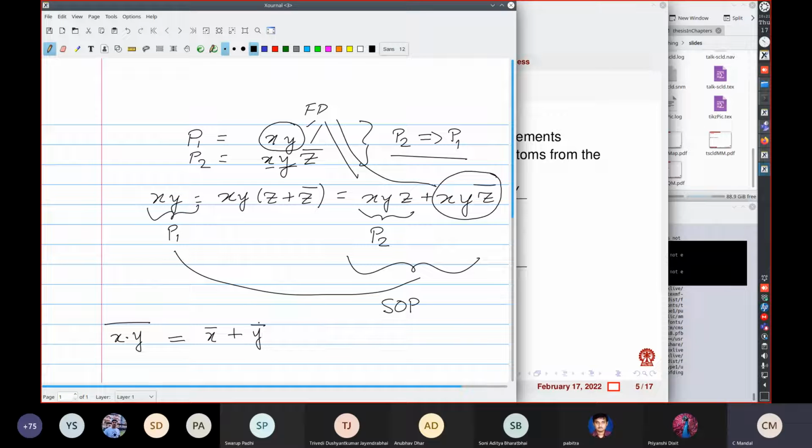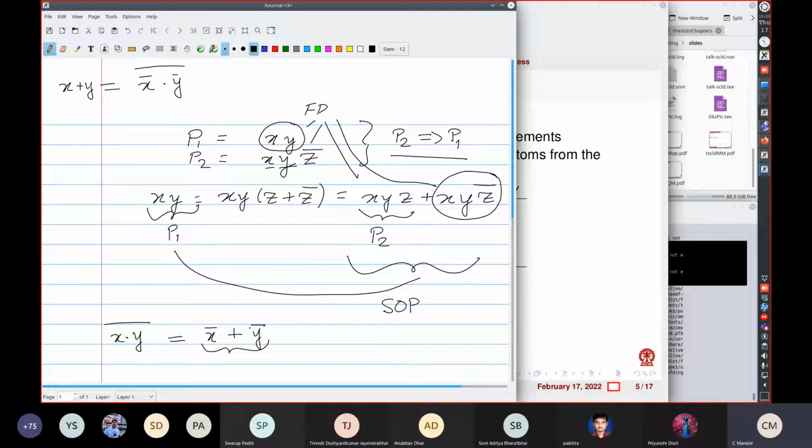So you can see that this OR is also extra because you can write X or Y as... all right. So this OR is also extra.